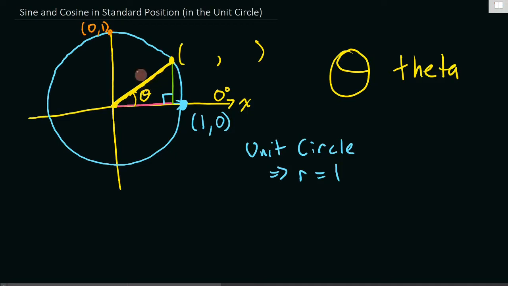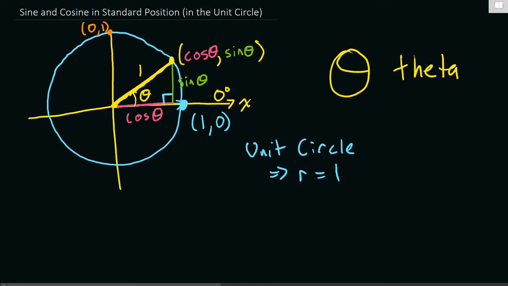The length of the hypotenuse is 1. Then we're going to define cosine to be the x-coordinate of the rotation theta. So cos theta is the x-coordinate of that point. And then sine theta is the vertical piece.